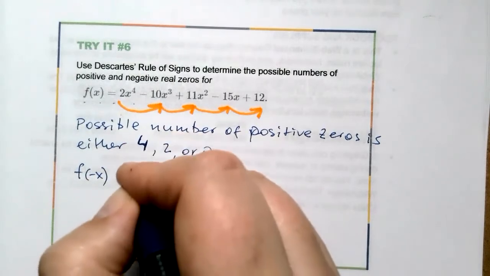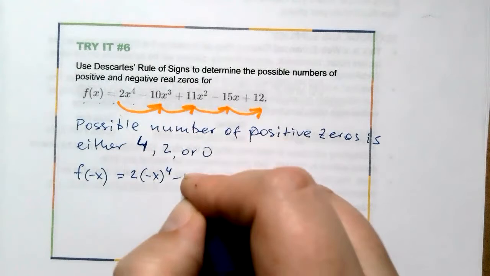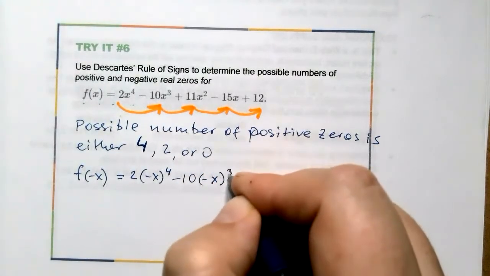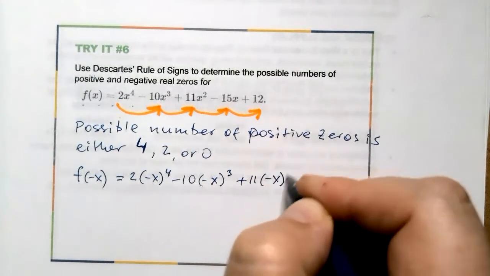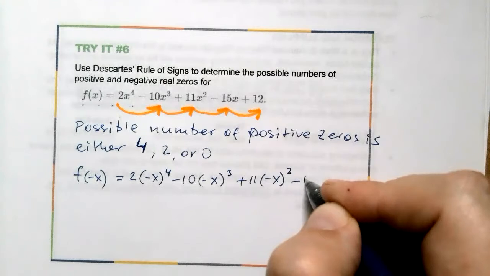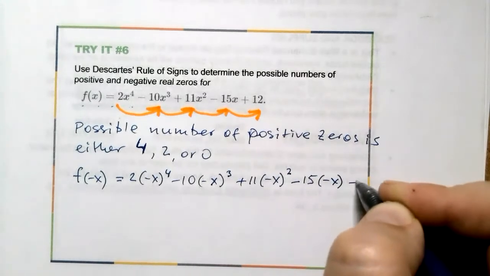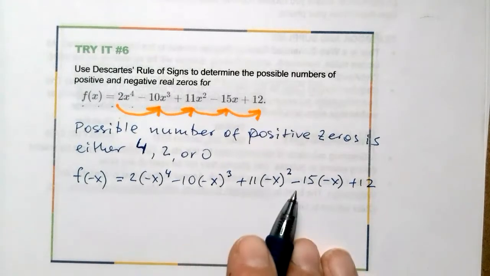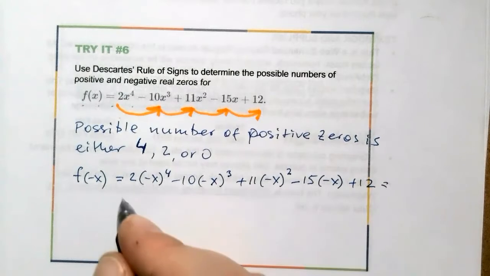We get 2 negative x to the 4th, minus 10 negative x to the third, plus 11 negative x squared, minus 15 negative x, plus 12. Now let me double check. So plus, minus, plus, minus, plus. Okay. Now let's simplify that.